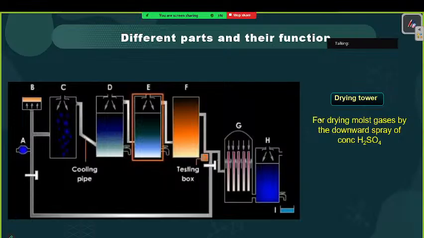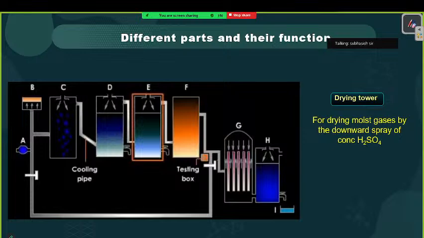So in step E, or container E, the drying of the moist gases is done by the downward spray of concentrated sulfuric acid. Concentrated sulfuric acid is a good water absorbing agent.